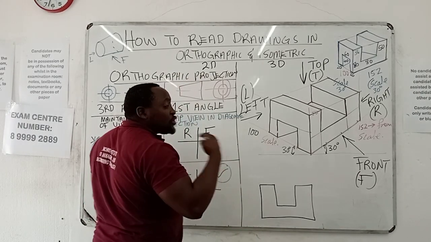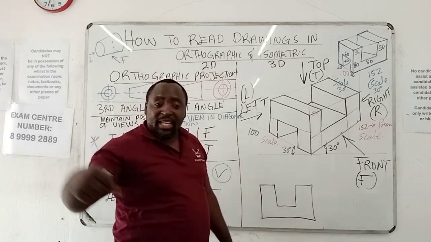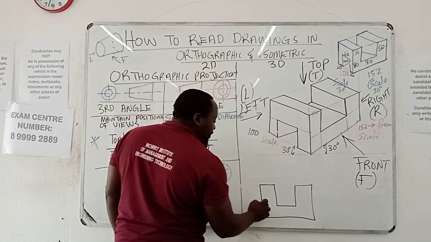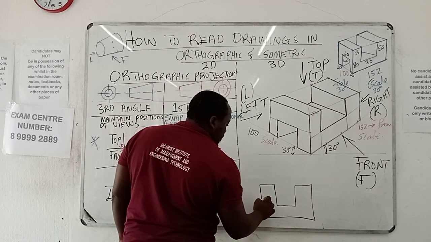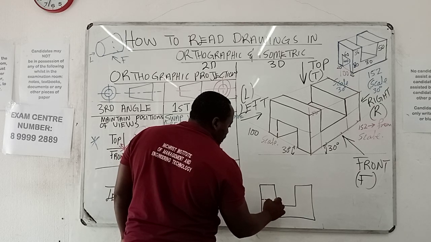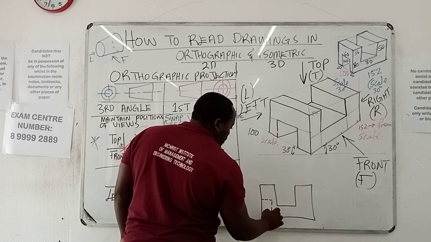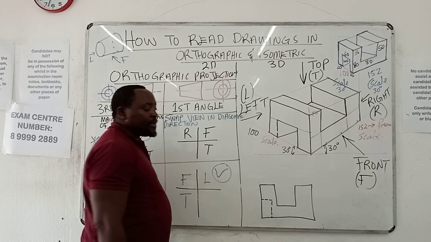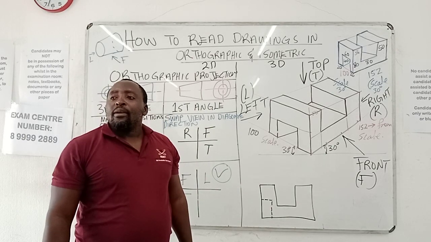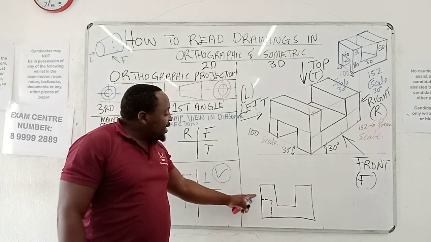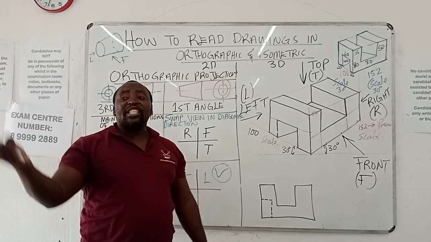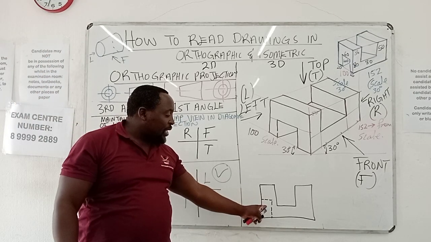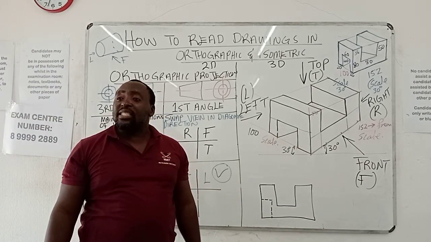So, for us to show that it is there, though we can't see it, you put what? Hidden lines. For me to understand this hidden line, there must be a drawing that tells me how far it goes or what it is.